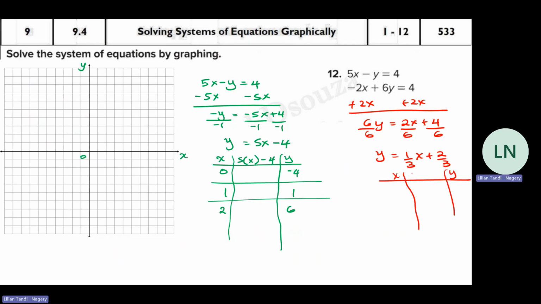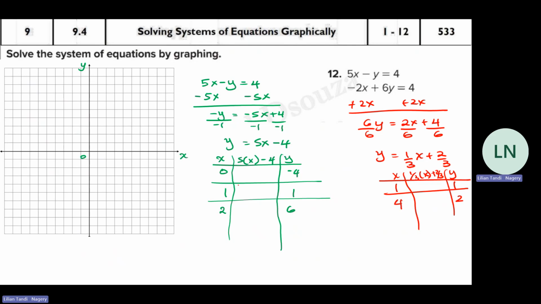X, y, 1/3 x plus 2/3. I'm not going to use 0 because it has a decimal. So I'll try 1. 1 gave me 1. And I did 4, and that gave me 2.